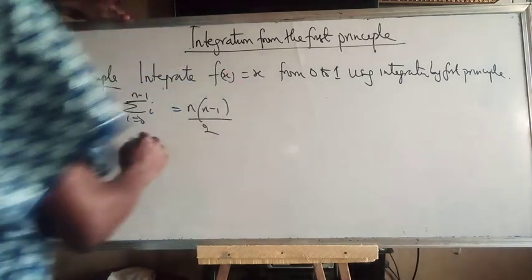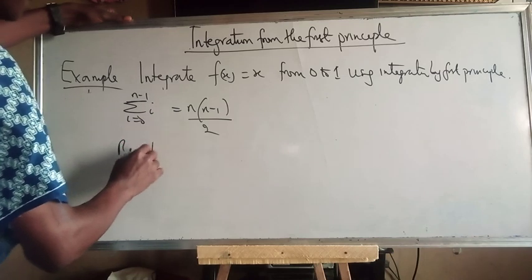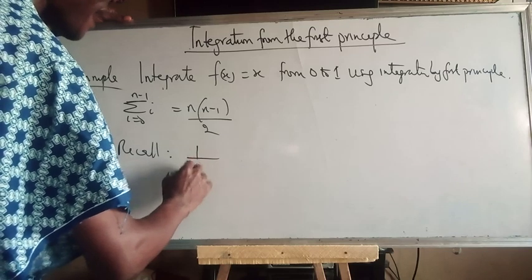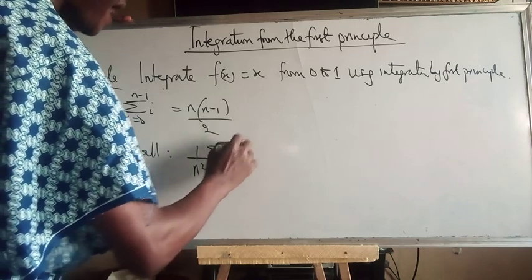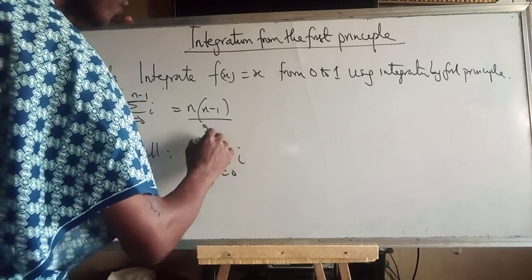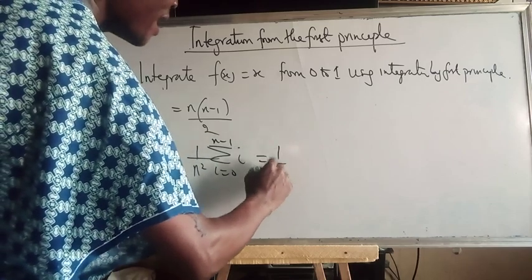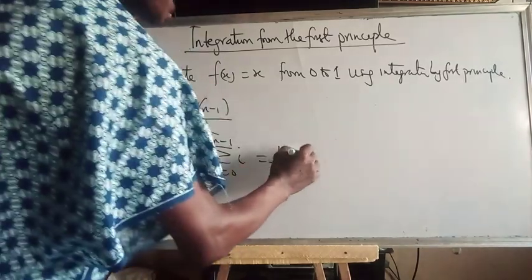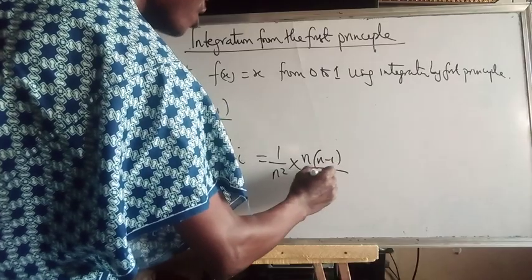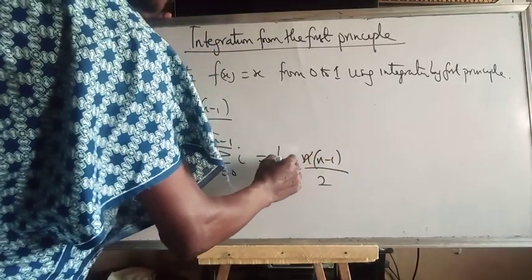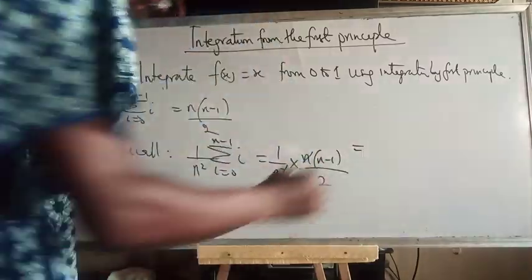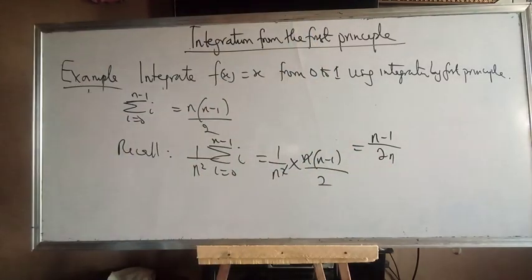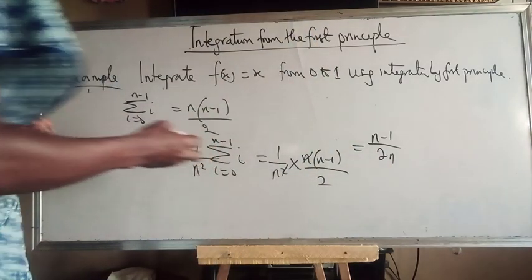And recall what we are looking for is 1 all over n squared summation i moving from 0 to n minus 1, which is 1 all over n squared multiplied by the summation, n into n minus 1 all over 2. So the n here we cancel out. So we have n minus 1 all over 2n.